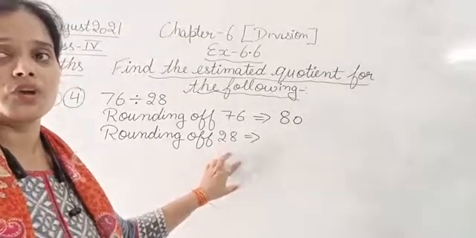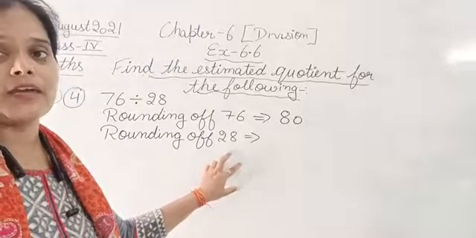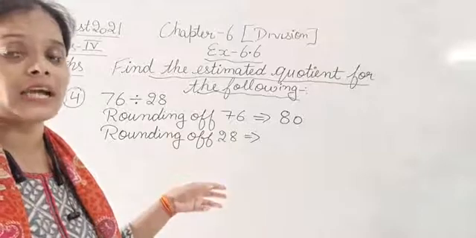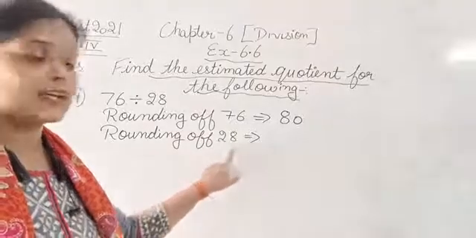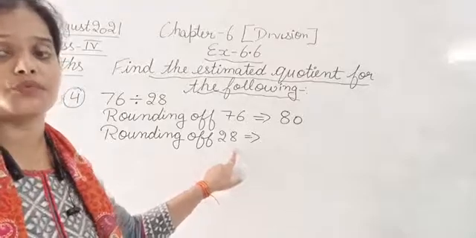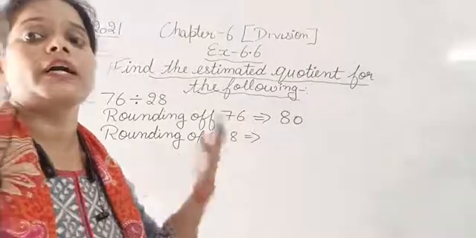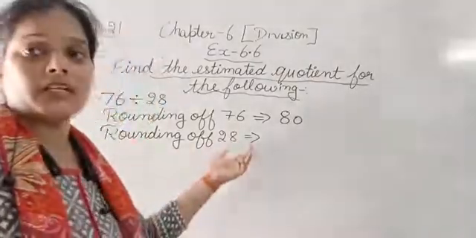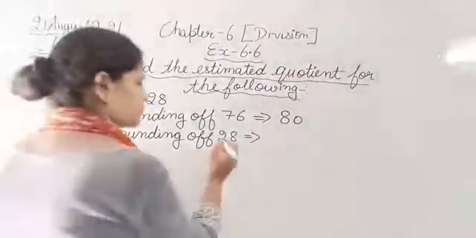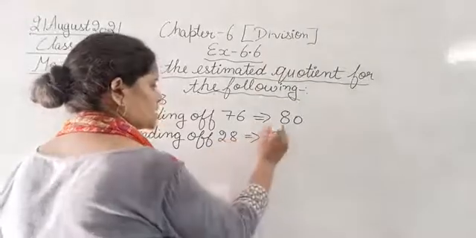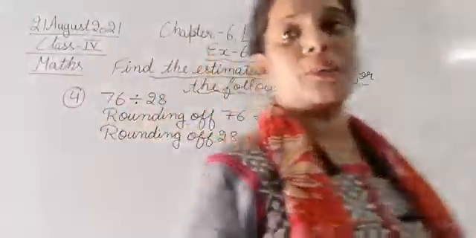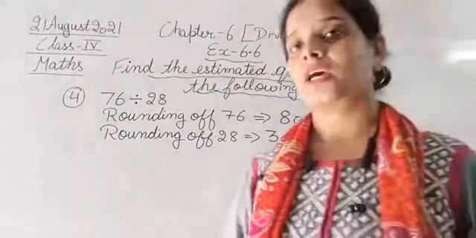We round it off to the nearest tens, and when we round off any number to the nearest tens, we observe the digit at ones place. At ones place we have 8, which is greater than 5, so we round it off to the next tens. The next tens after 28 is 30.